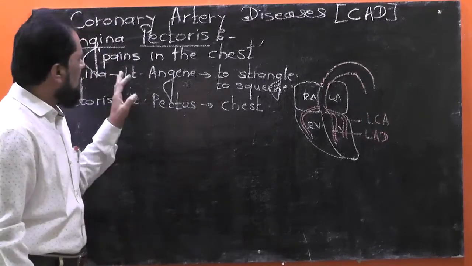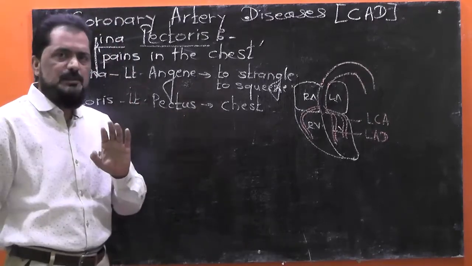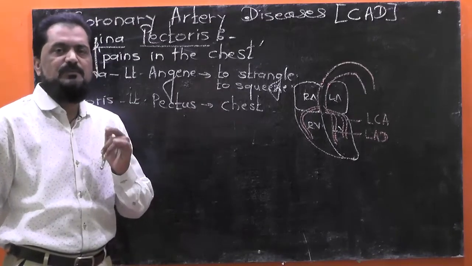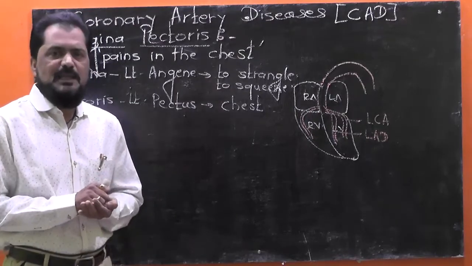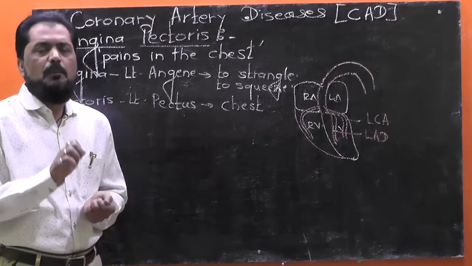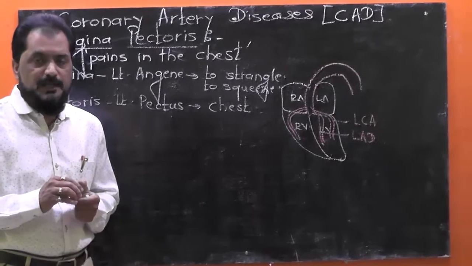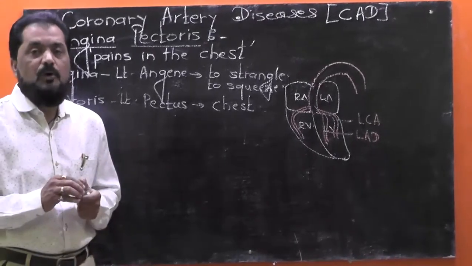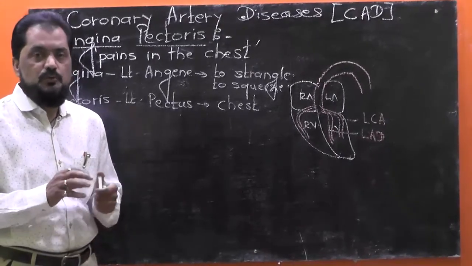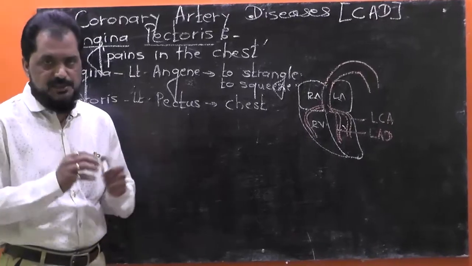Now this angina pectoris, or such a strangling or squeezing feeling in the chest, is mainly due to improper supply of blood. Not enough supply of blood, not enough supply of oxygen, glucose and nutrients to the cardiac muscles.